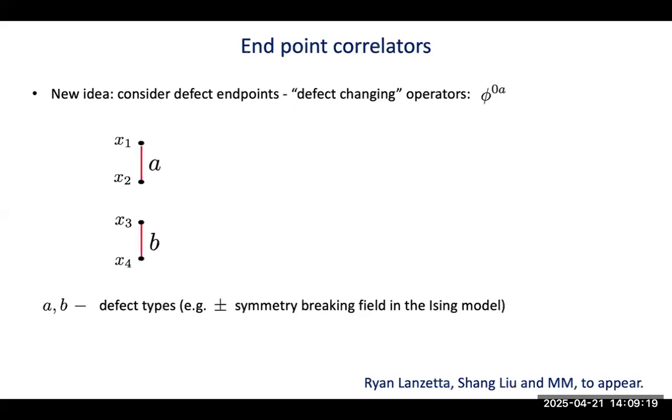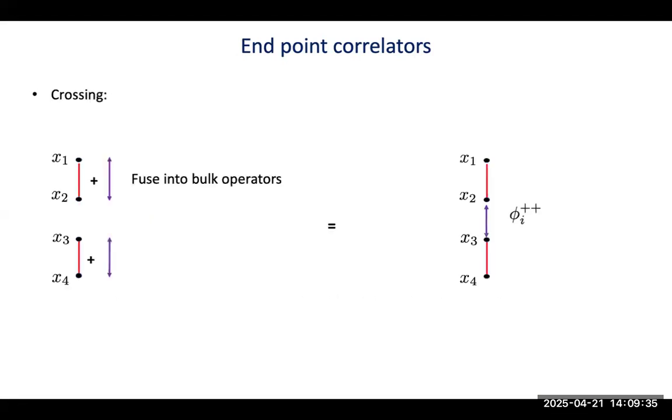So the idea is to think about the following configuration where you have 2 line segments of different types, and you just want to calculate the partition function in the presence of these 2 line segments. Let's demonstrate how that works with the 3D Ising model.